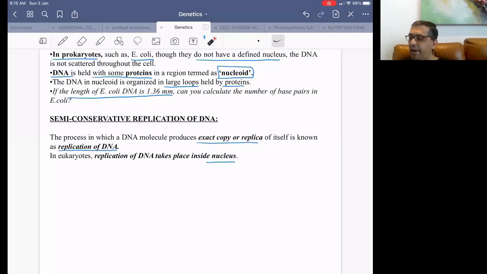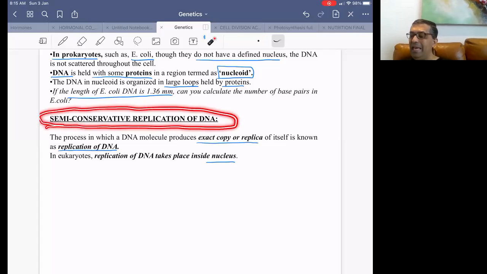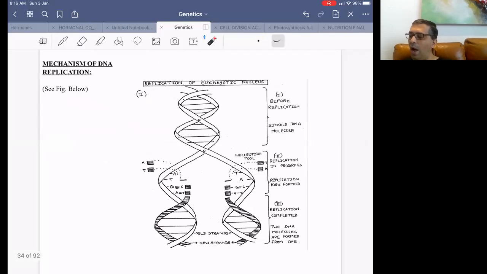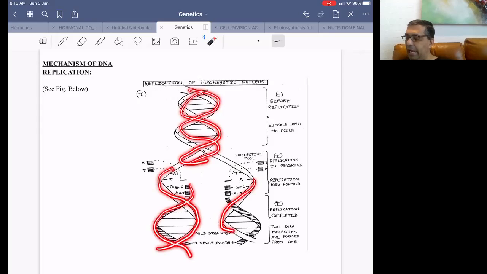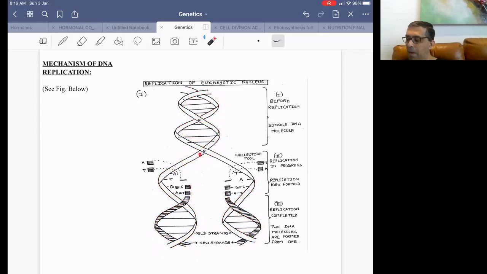DNA replication takes place by a mechanism called the semi-conservative method of DNA replication. Semi-conservative. When one mother DNA forms two daughter DNAs, each daughter DNA has in it one of the mother's original strands.